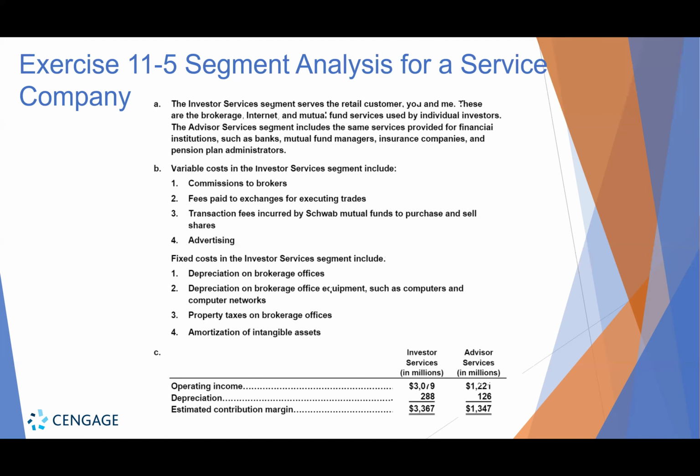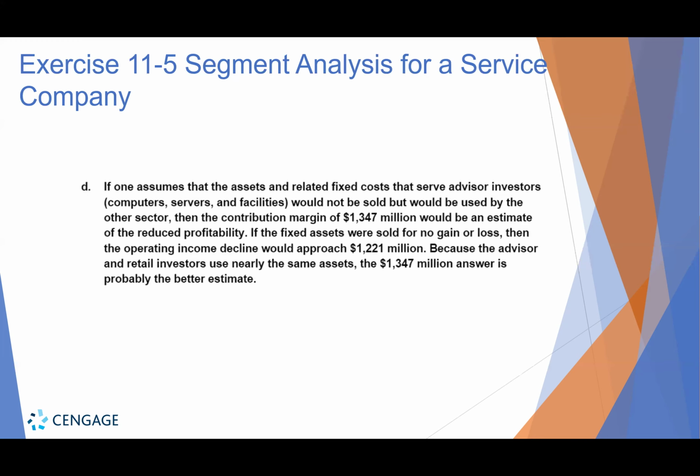If you look at the depreciation, you come up with then what the contribution margin is for each of these segments. If the fixed assets were sold for no gain or loss, then ultimately the operating income decline would keep growing and be significant.